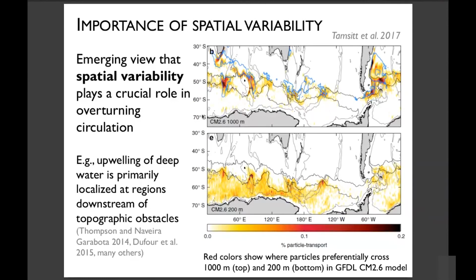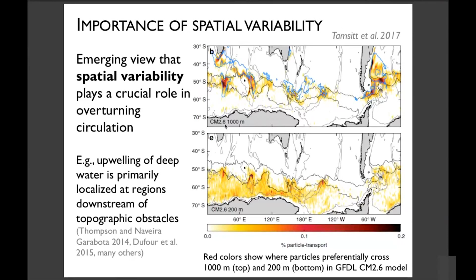In the top plot, this is a heat map of the percent of particles that cross the 1,000 meter depth surface. This is published in a nice article by Veronica Tamsitt in 2017, using CM2.6, a tenth of a degree coupled climate model run by GFDL.